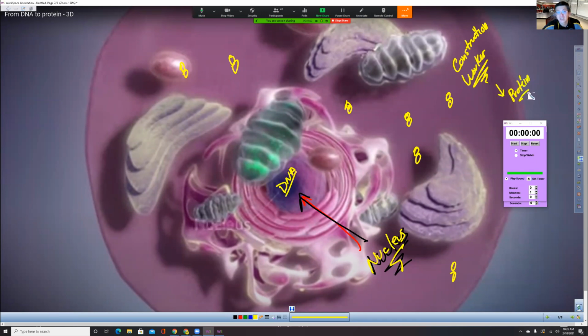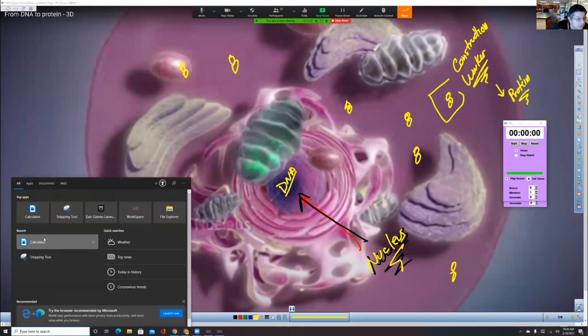But just like any good construction worker, if he doesn't have the instructions on how to build something, he can't build it. The instructions are in the DNA. So let's make it a little bit more fun here. Let me get my snipping tool.